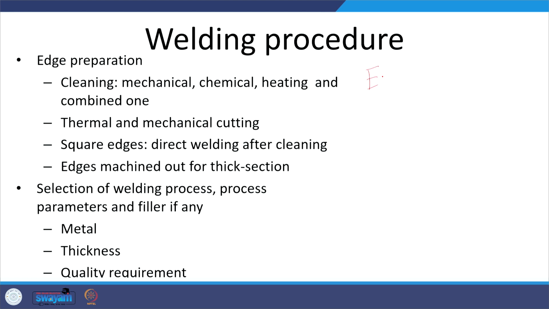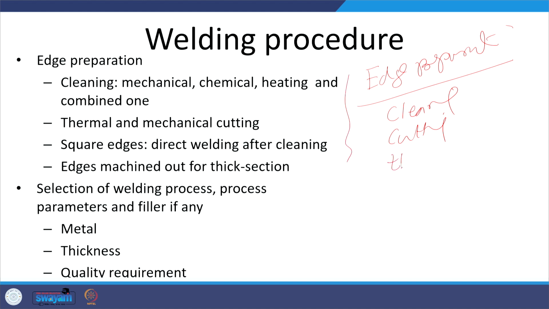So, what are the different things which fall in the scope of the welding procedure? One is the edge preparation, or the preparation of the material. Okay. Which will involve cleaning, cutting and removing all the impurities. This is done in light of the section thickness and the type of the metal. Okay.